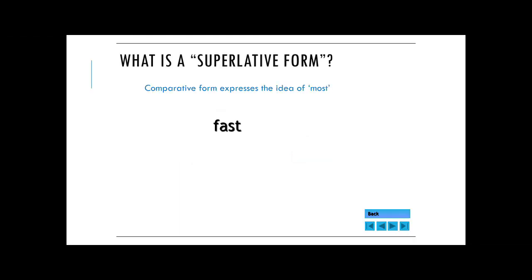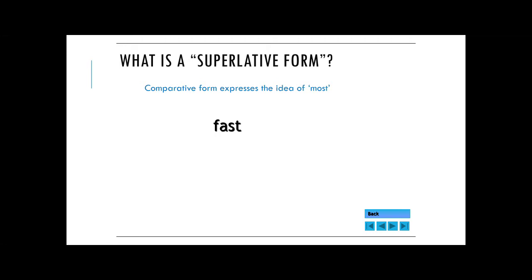Let's check. What is a superlative form? The superlative form expresses the idea of most when you compare one thing of all the group, or in a city, or in a specific place, or about the world.